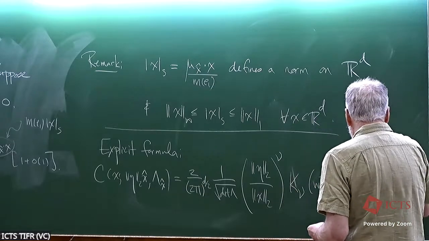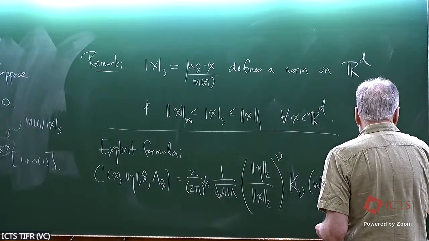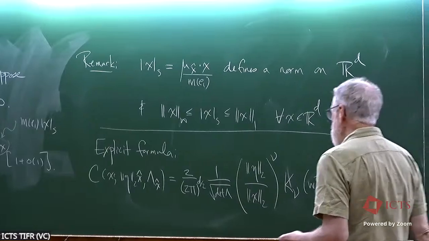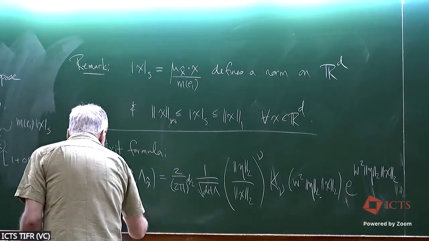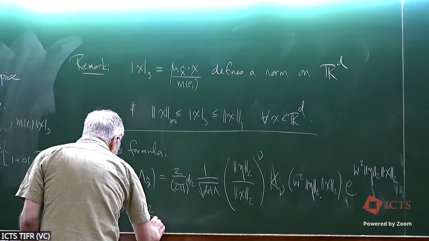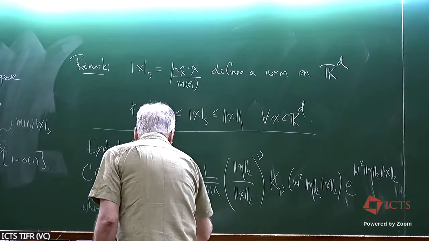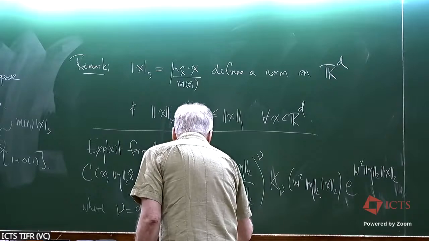E to the w squared, a to 2 x 2, where ν is (d−2)/2. K_ν is the modified Bessel function of the second kind.